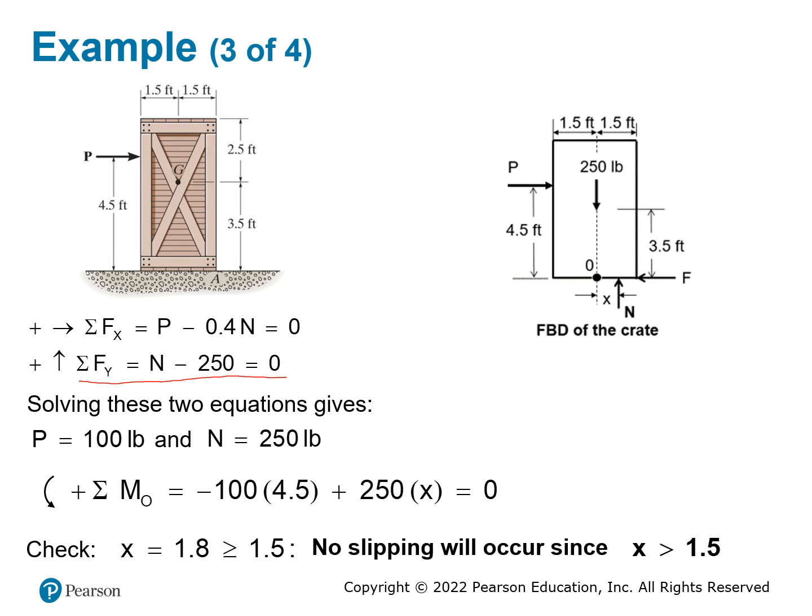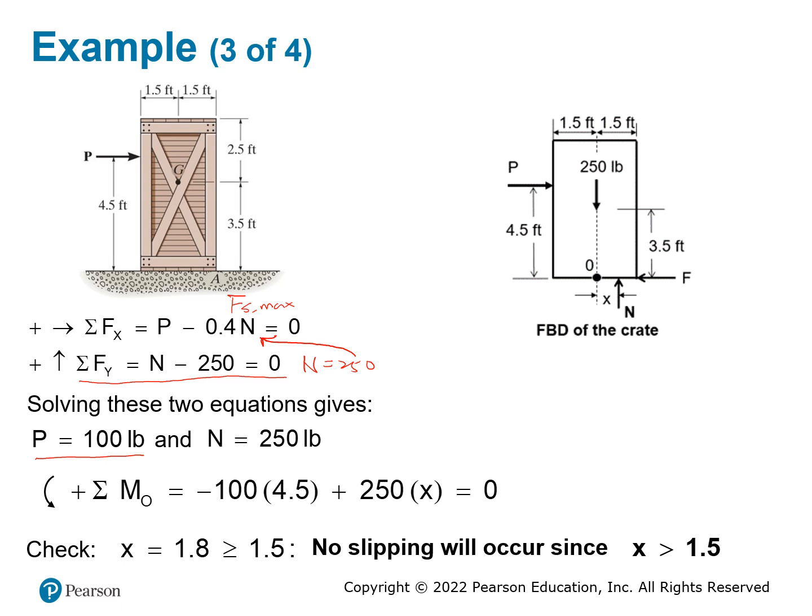So once you find out n is equal to 250, you can put the 250 into the other equation, that is P, the pushing force, minus 0.4 times n. This is the maximum friction force, and that will be equal to 0. That is the highest friction force while the box is not moving, right? After that, it will start to slip. And then you can find out what P is equal to. So we solve these two, and we find out P is 100 pounds.